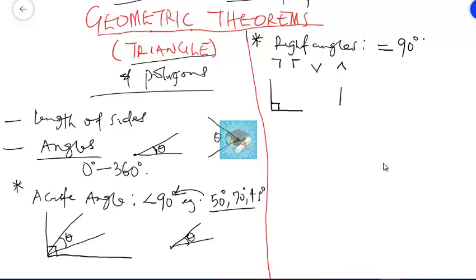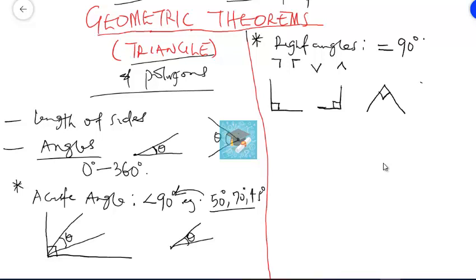Or if you have two lines like this and a symbol like this, it means it is a right angle. A right angle is always between two straight lines, one vertical and the other horizontal. But if you have two lines that are not straight and you have a symbol like this, this also means right angle.